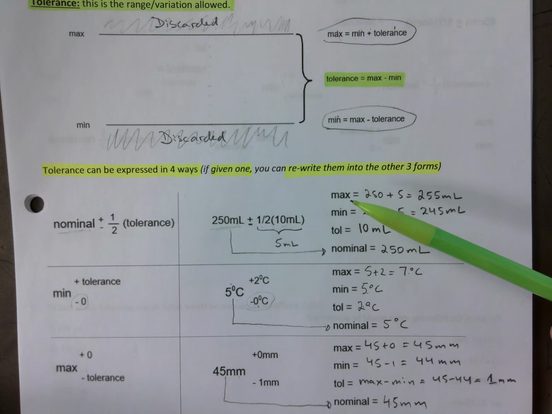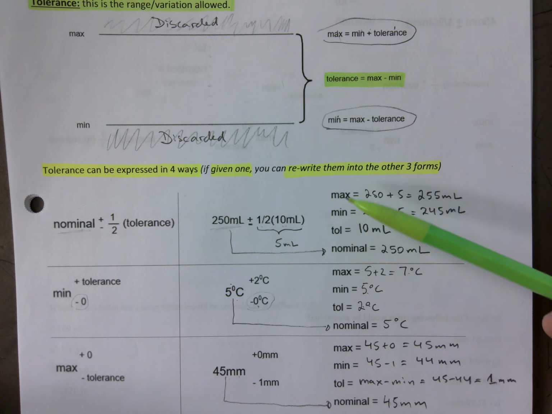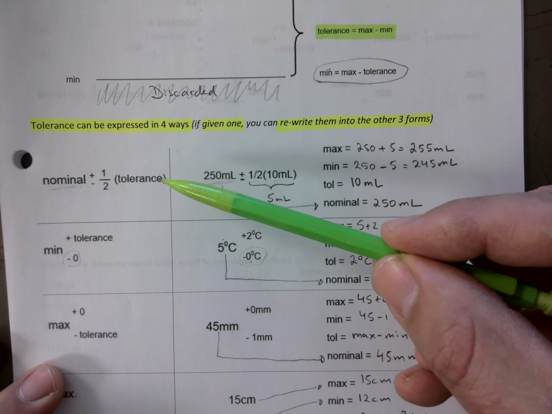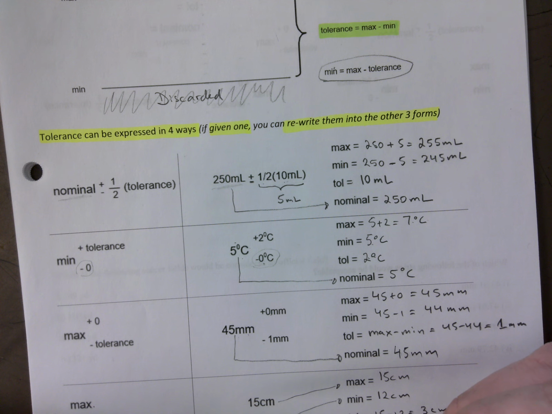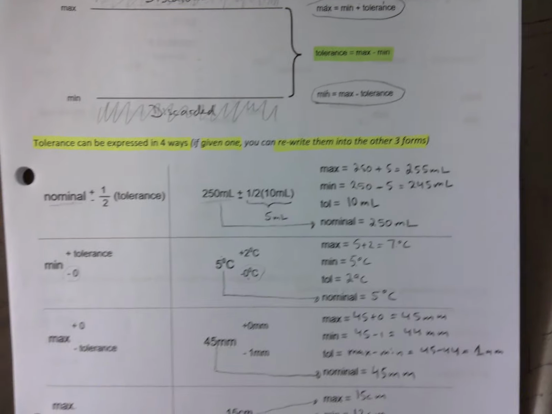What I want you to do instead is every single time, try to fill in these 4. Try to come up with these 4 things. And if you can do that, which isn't that difficult, I'll show you a bunch of examples, you can rewrite this one that you're given. Let's say it's this one. You can rewrite it in the other 3 formats. I'll say it one more time. I give you any of the 4.